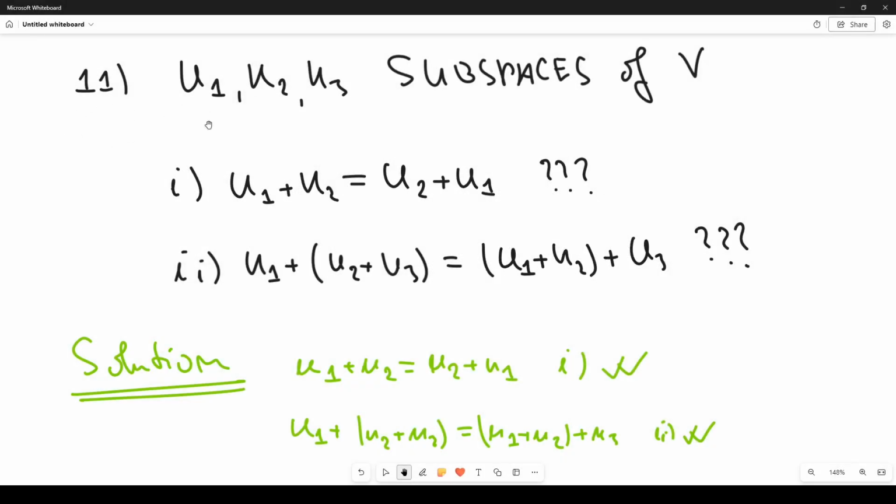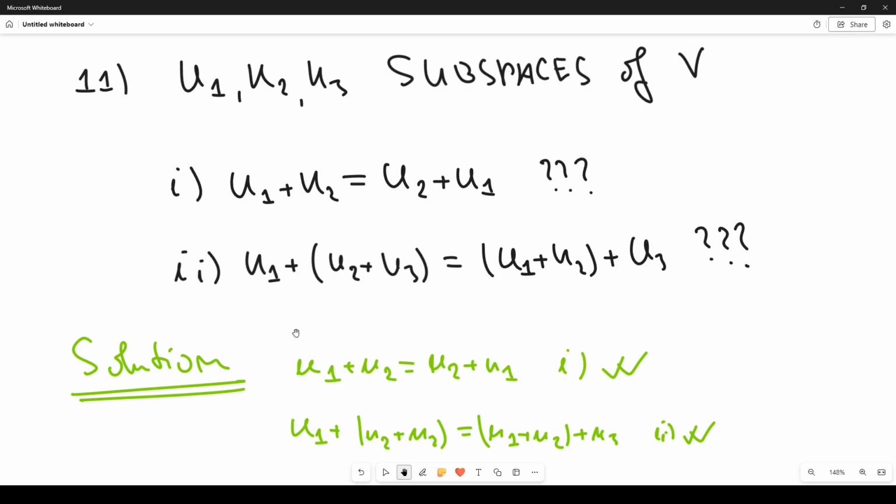Problem number 11. We have three subspaces of our vector space V, and we're asked whether 1. the operation of summing up subspaces is commutative, and 2. whether it is associative.